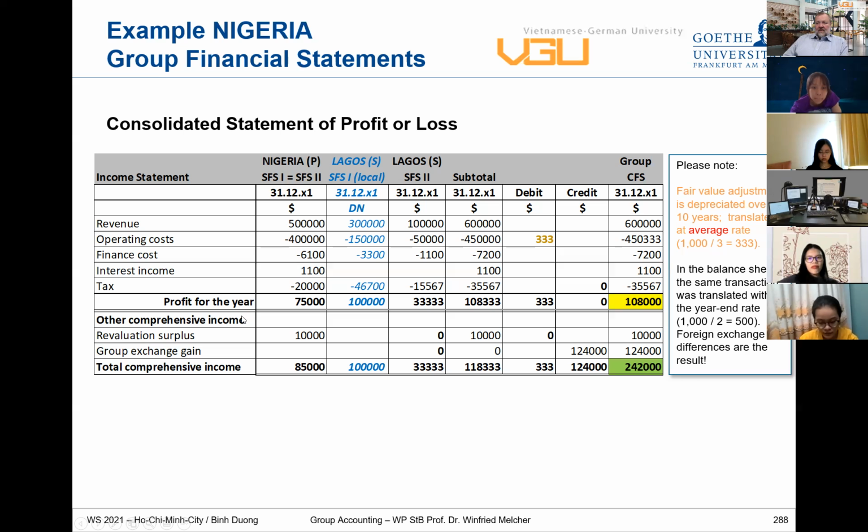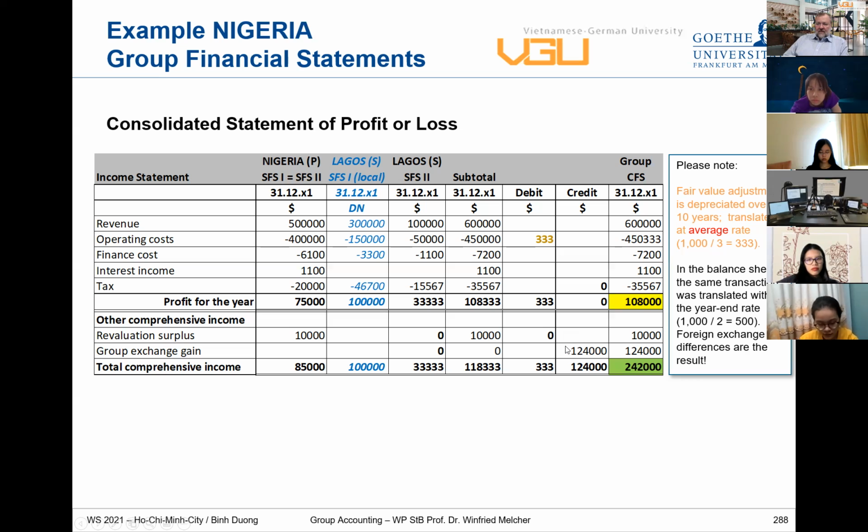Well, for the other comprehensive income, we look at that revaluation plus that group exchange gain. So that is what is the difference. All those items that did not go to retained earnings of the shareholders directly went into the group exchange gain.